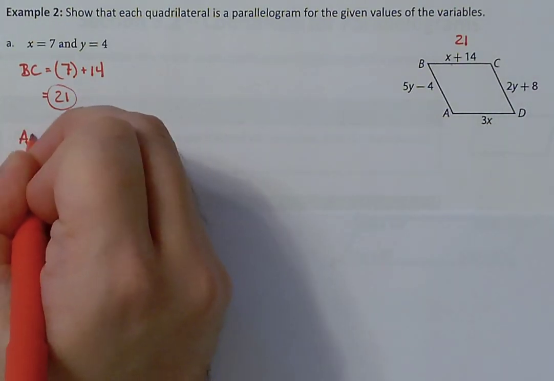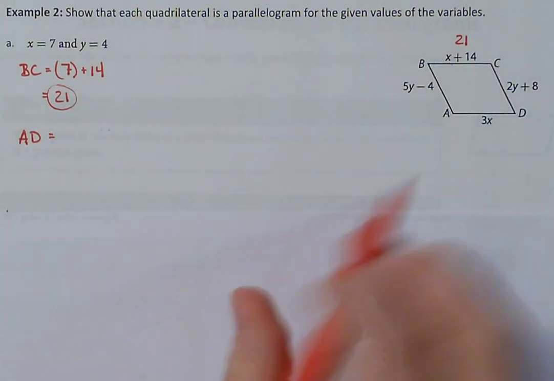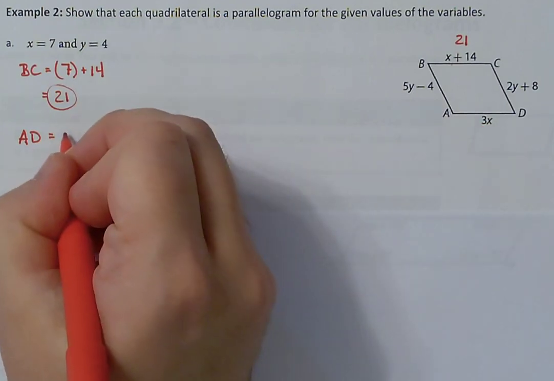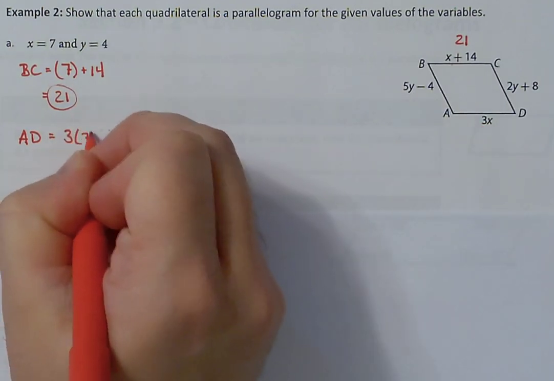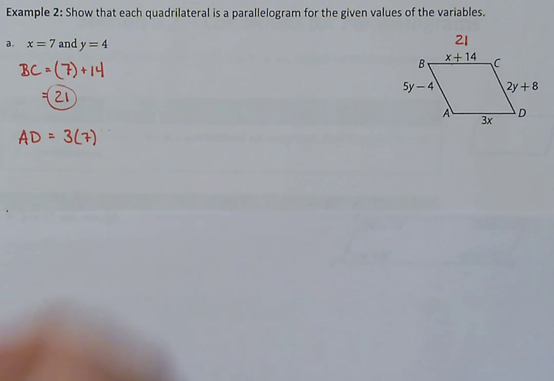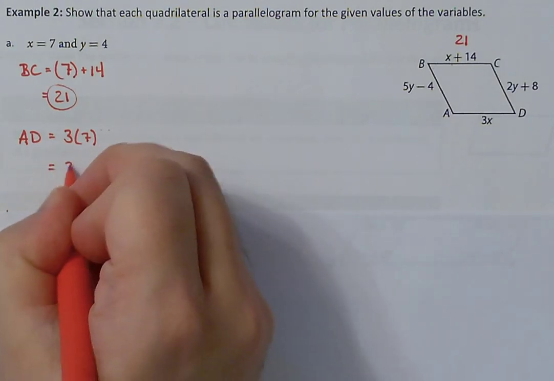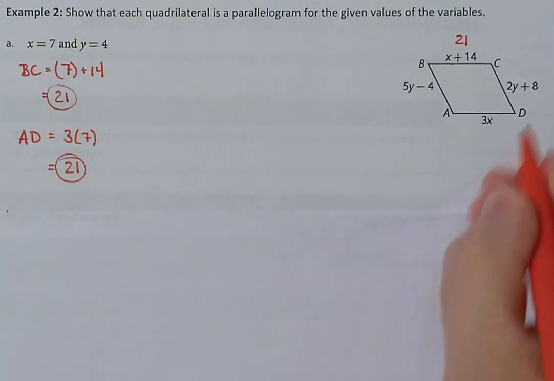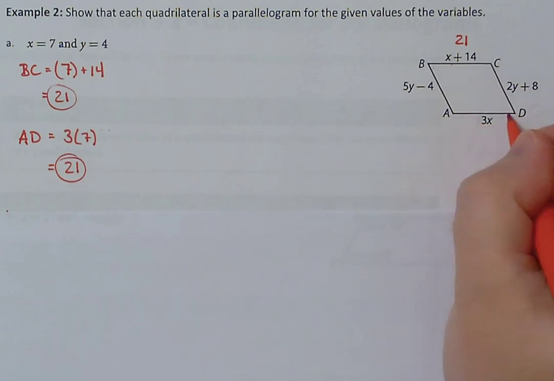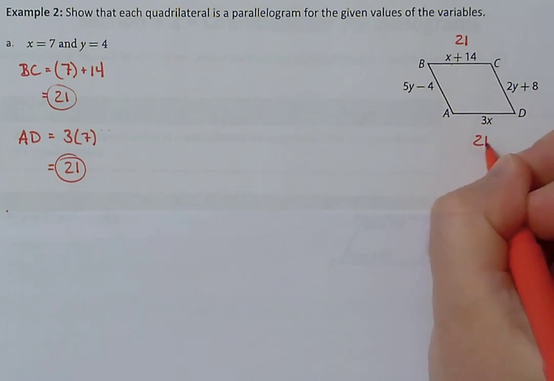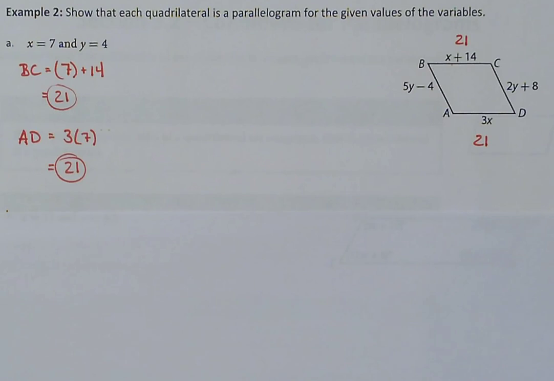That means we're going to do AD equals 3x, so 3 times 7. And 3 times 7 is going to give me 21. So I know that AD is 21 units. Now, at this point, I know that BC and AD are the same measure, 21 units long.